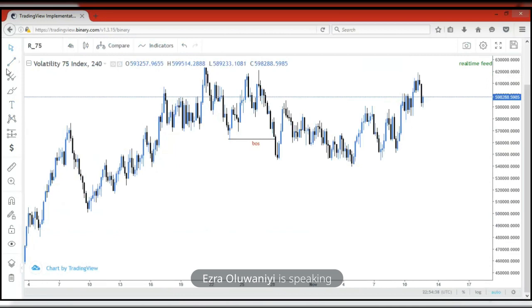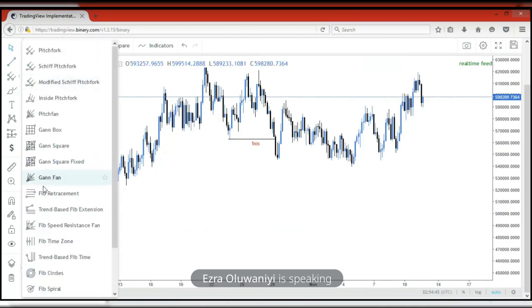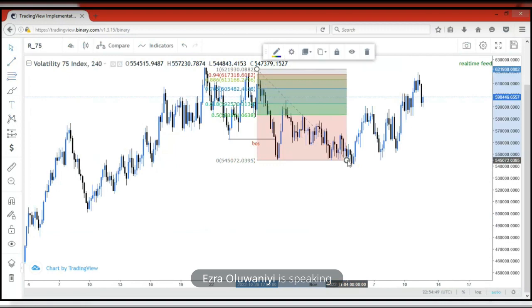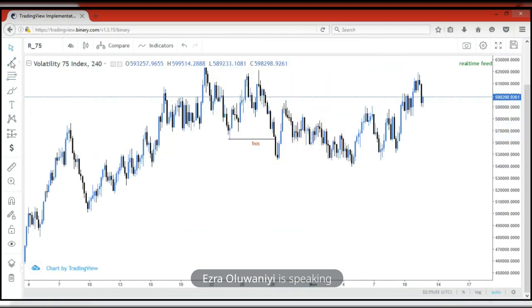So what I did was use my fib. Let's see what price can do. I put my fib here and measure it down. Which zone is above 50%? This is above 50%, this is above 50%, and that is above 50%. But I prefer this one because, first of all, let me show you, there was a liquidity sweep around here.